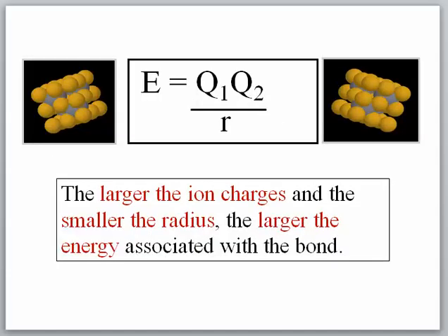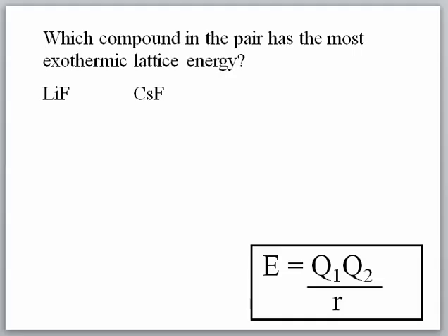So the larger the ion charges are and the smaller the radius, then the larger that bond energy will be. So when we say that large bond energy, we're looking at lattice energy, and we want it to be the most exothermic. So if we're looking at lithium and cesium fluoride, we'd have equal charges, +1, -1 for each ion.